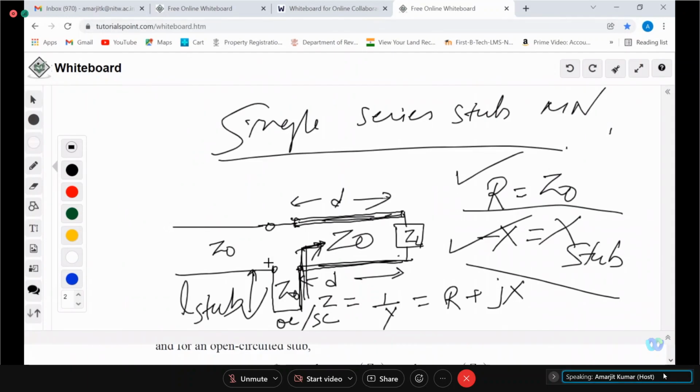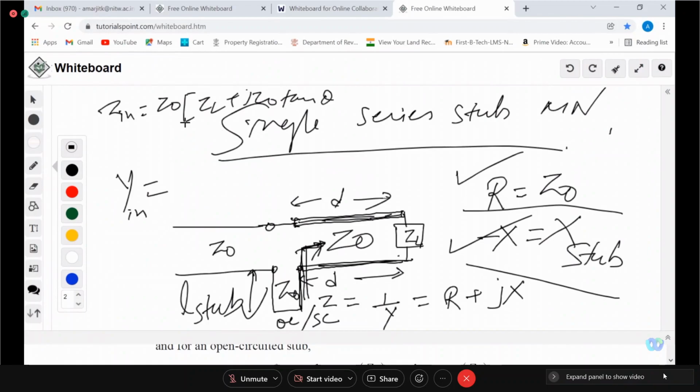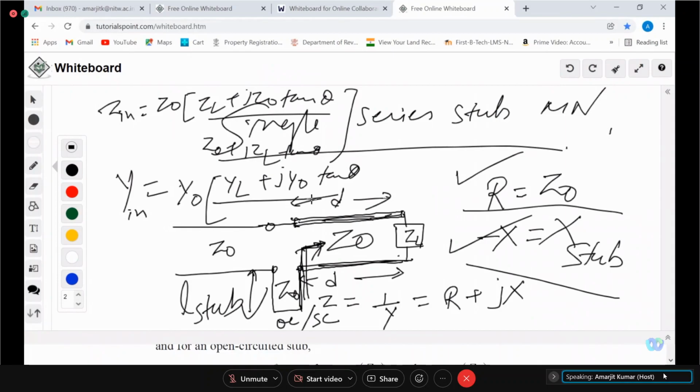What will be the admittance here? What will be Y? We know the formula for Z in. So what will be Y in here? Input admittance. Z in is equal to Z0 into that formula you know. What will be Y in? That will be equal to Y0 into YL plus jY0 tan theta divided by Y0 plus jYL tan theta.